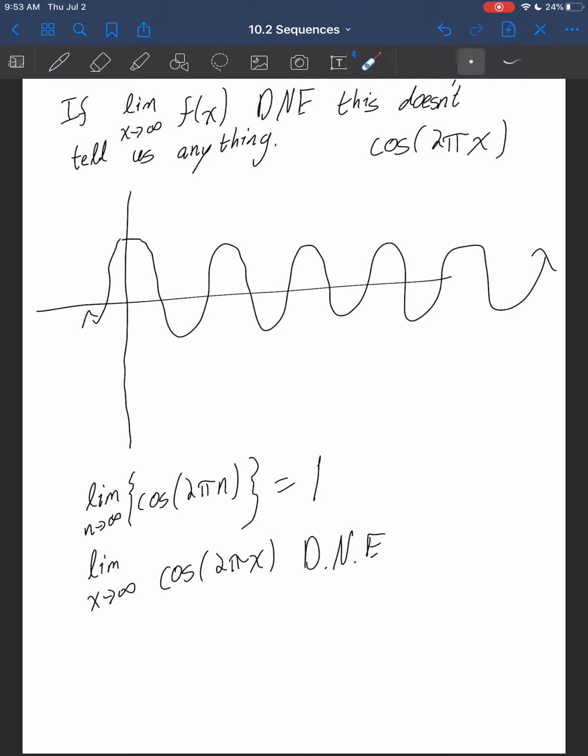So I'm never ever getting closer and closer to a value. I'm just kind of oscillating back and forth between 1 and -1. And so no matter how far out in x values I go, this limit is not going to exist. So that's just something to keep in mind, is that this technique will not always work. It will always work if the limit does exist. It won't work if the limit does not exist.